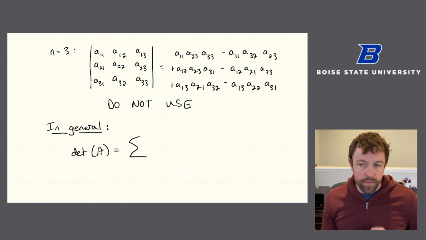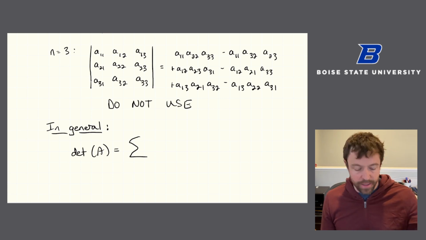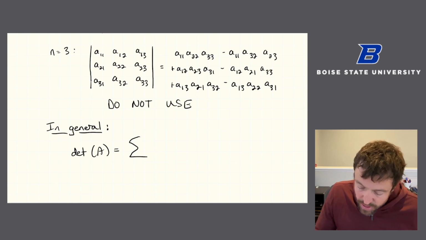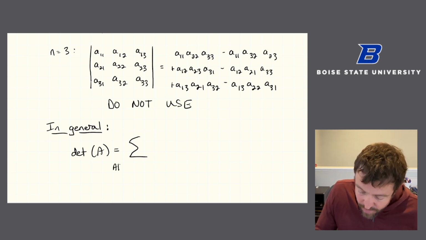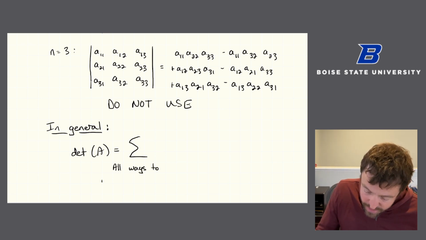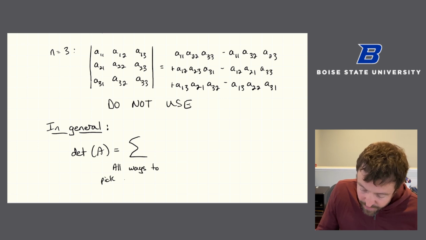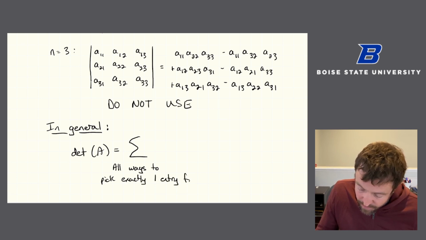And I'm going to pick an entry from each row and column. So I'm summing over all ways to pick exactly one entry from each row and column.